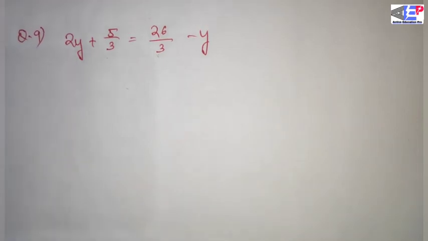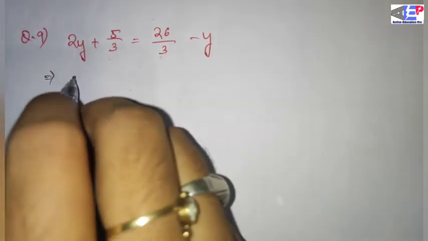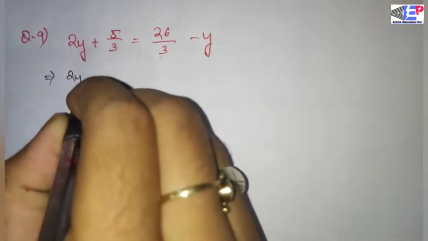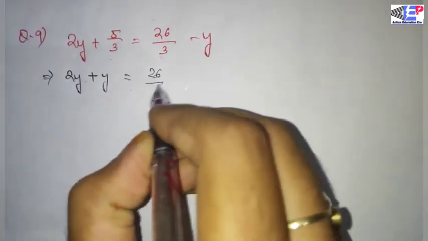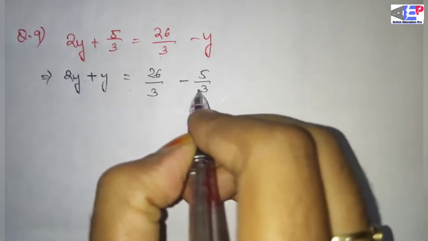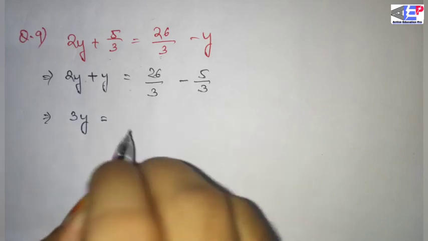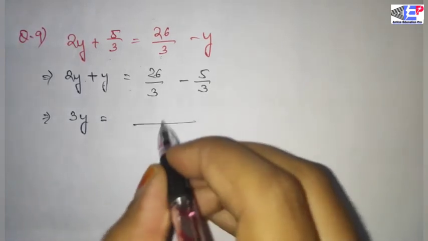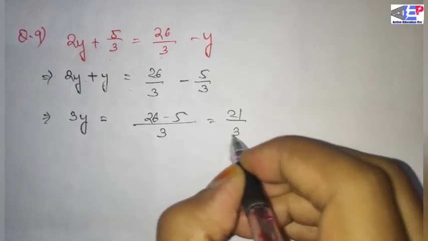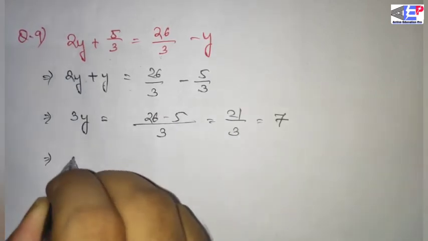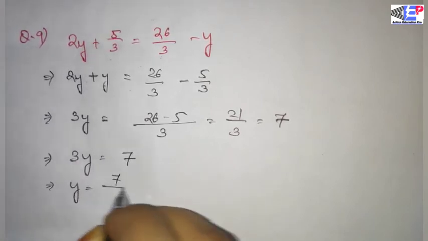As you know, by the transposition method, first move the variables to the left side, y plus y, minus y will become plus y, and then 26 by 3 minus 5 by 3, and it will become 3y by adding this 2y with y, and then both the denominators are the same, so 3, 26 minus 5 is 21 by 3, that is 7, and then 3y is equal to 7, means y is equal to 7 by 3.